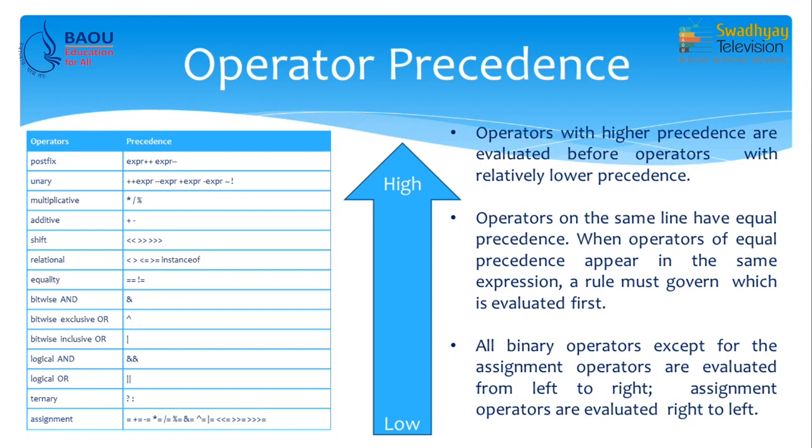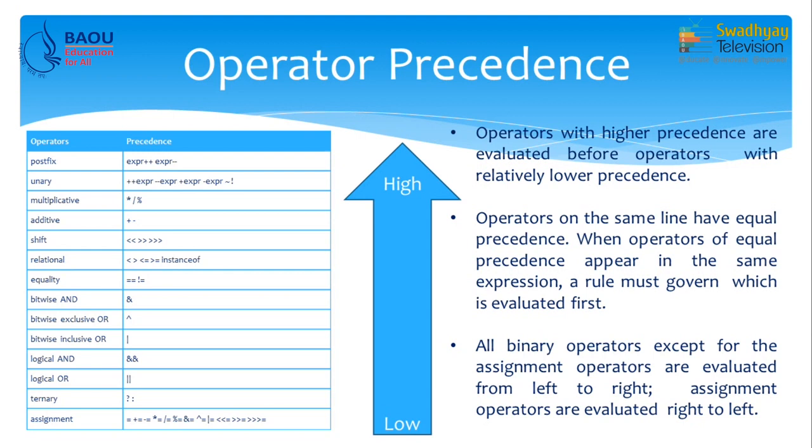As I mentioned earlier, operators with higher precedence are evaluated before operators with relatively lower precedence, and operators on the same line have equal precedence. Then when operators of equal precedence appear in the same expression, a rule must govern which is evaluated first.